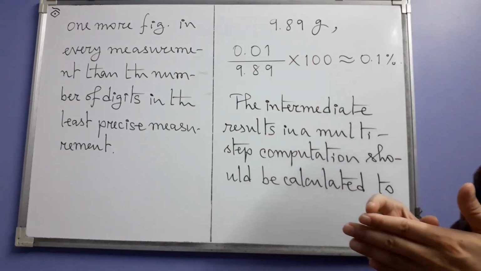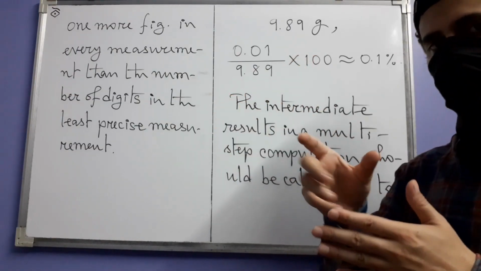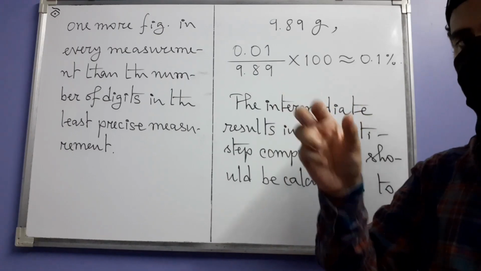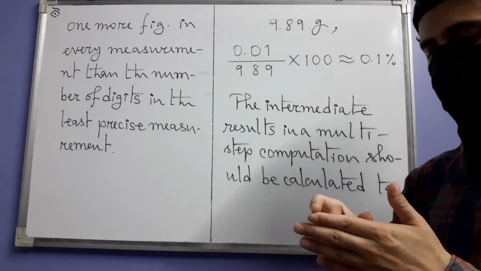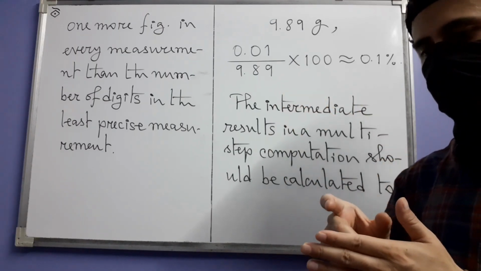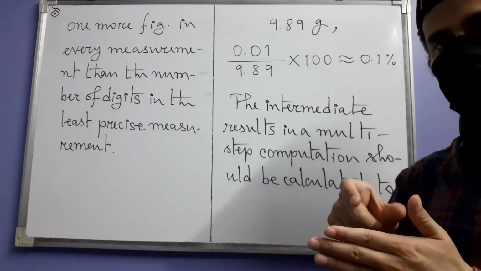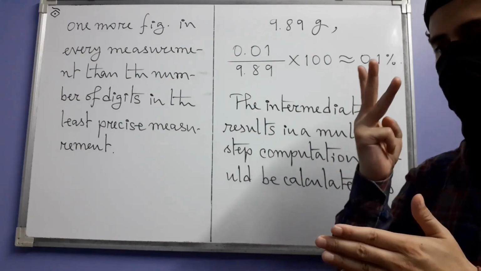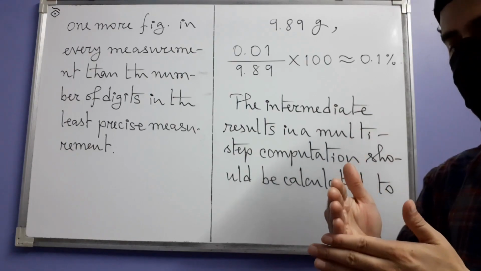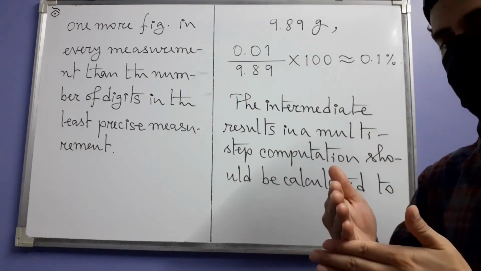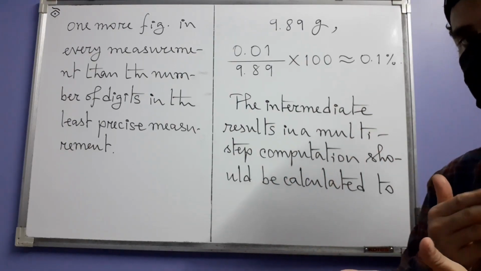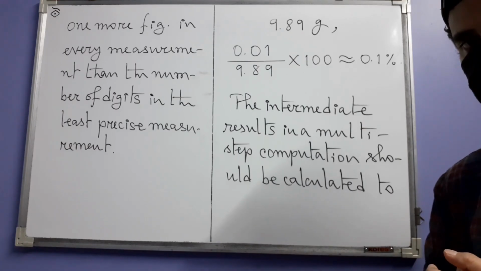At every step of a multi-step calculation involving these quantities, say for the sake of specificity that the least precise measurement has 3 significant figures, you do every step with 4 figures.